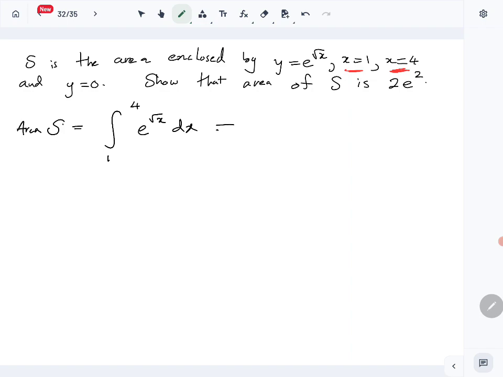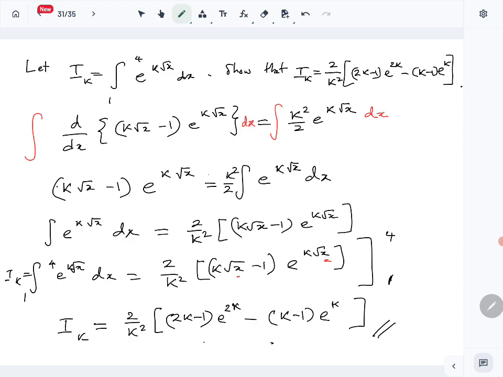From the previous part, we know area S is going to be equal to I_1, because k is equal to 1 in this question.